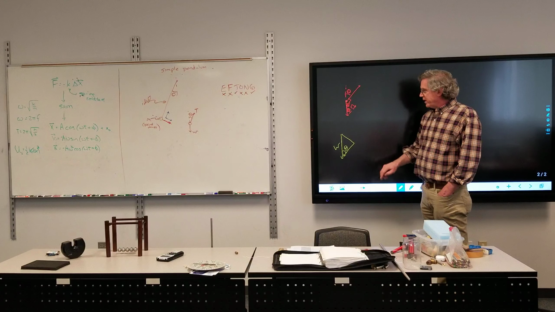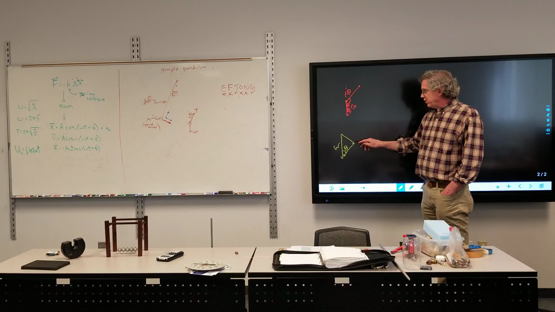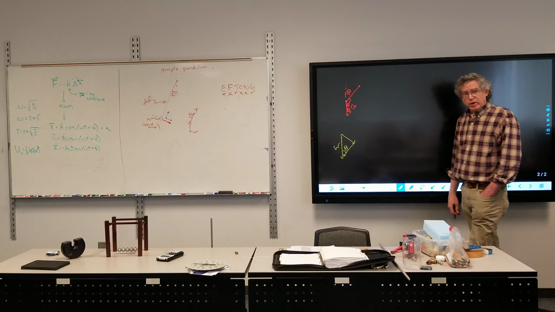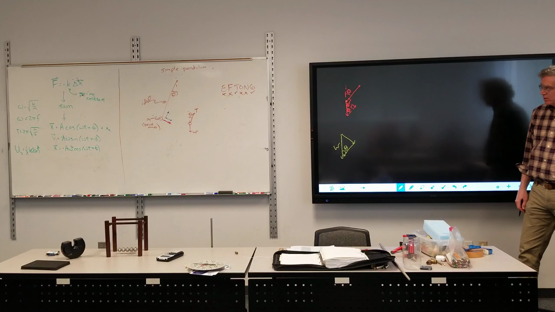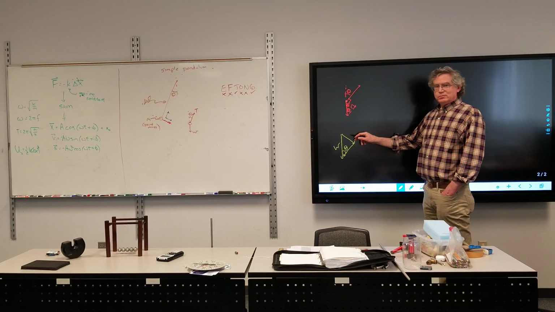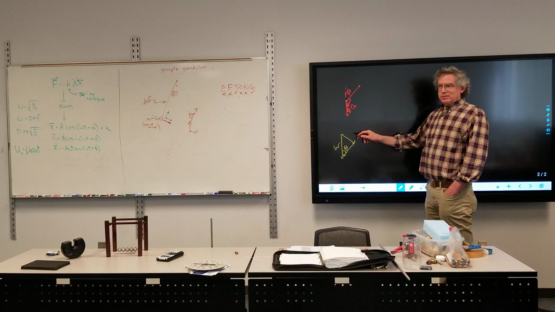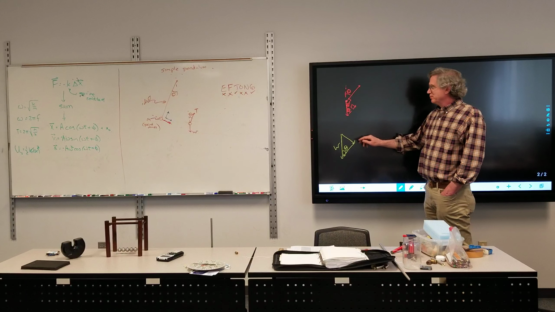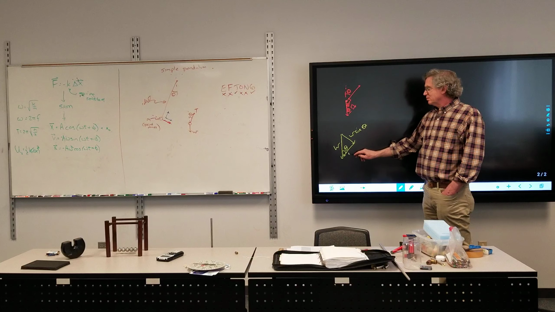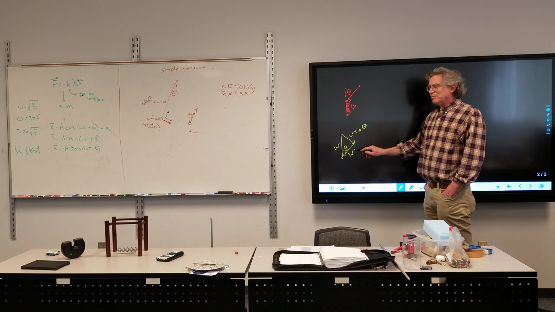My hypotenuse is weight. So what is this component that is perpendicular to the string? And what is it, the one that's parallel to the string? Sine. Cosine.